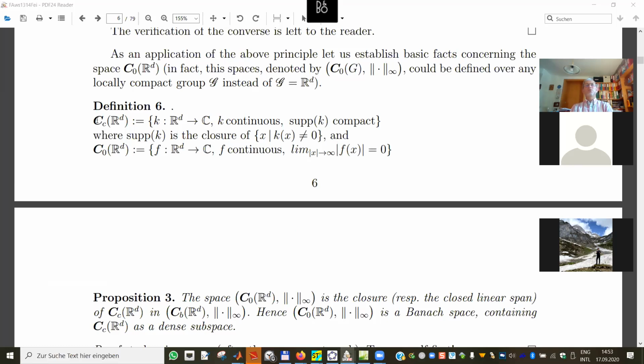And since we are dealing with functions on RD, the elements x are in RD. But actually, I'm not caring much about that at this point. You could give the same definition for other locally compact abelian groups. So if somebody has heard about periodic numbers, or if you like periodic continuous functions, you just have to change the domain and take the unit circle and so on.